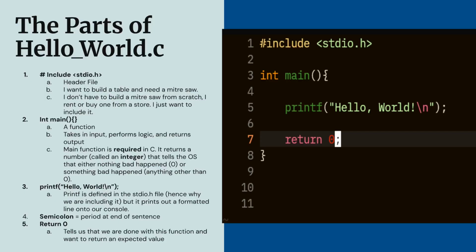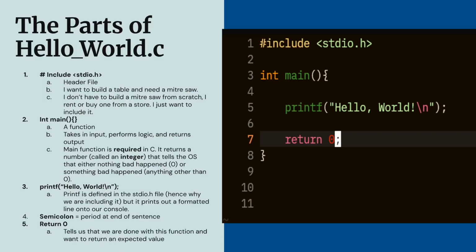And so I can just go to the store and get a saw. I don't have to design and build it myself. I can just borrow it from something else. And in this case, I'm borrowing this printf statement from stdio.h.